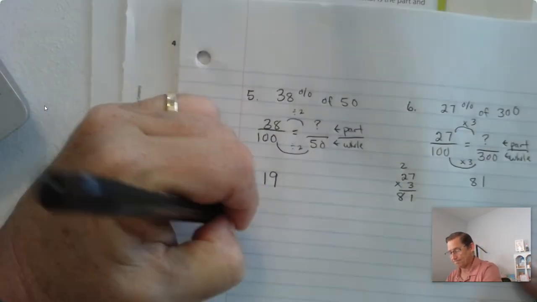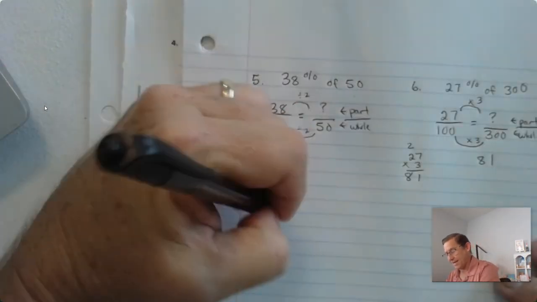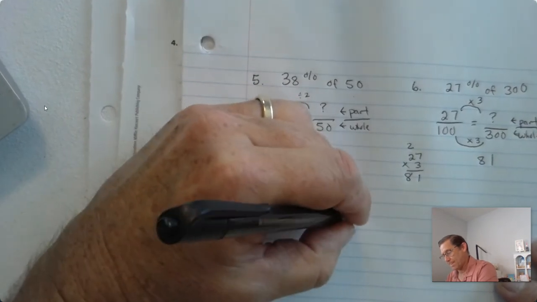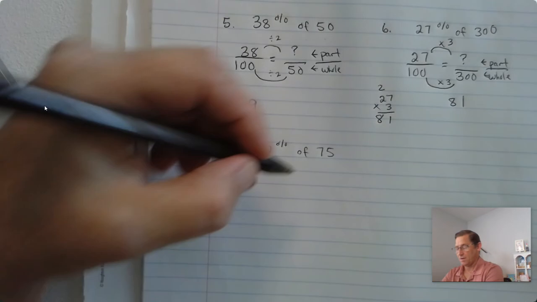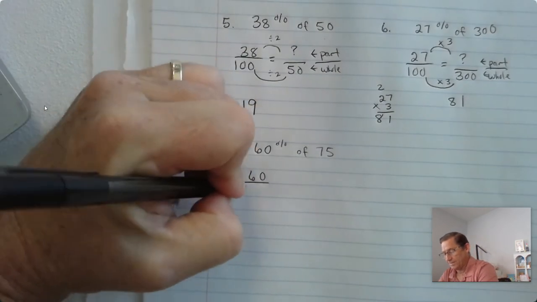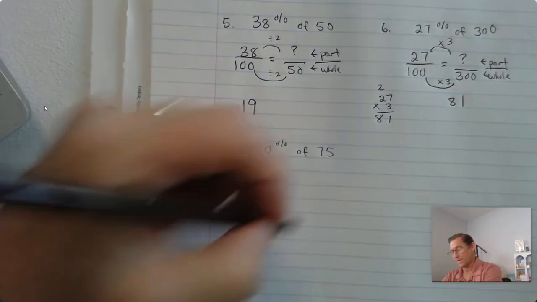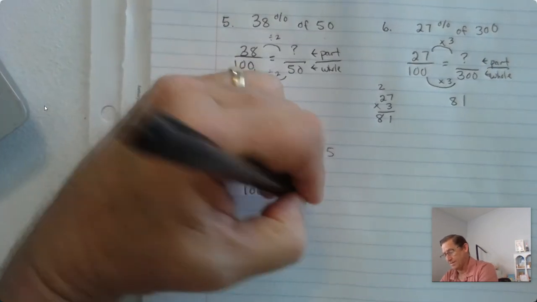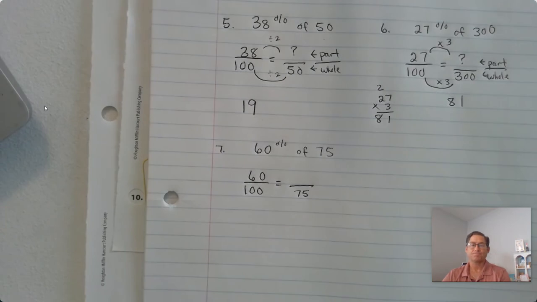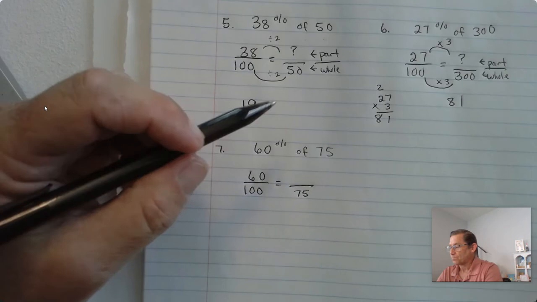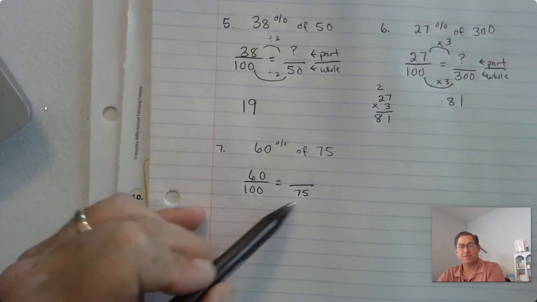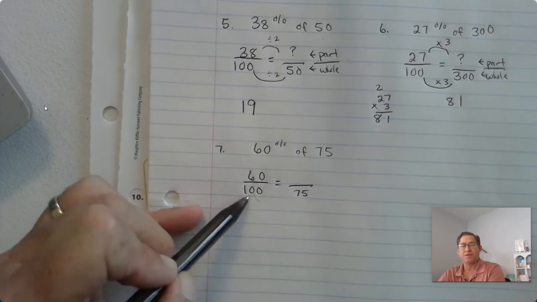Number 7, 60% of 75. So 60%, 60 out of 100 equals what part of 75? Well, in this case, it's not easy to go from 100 to 75 or from 75 to 100.